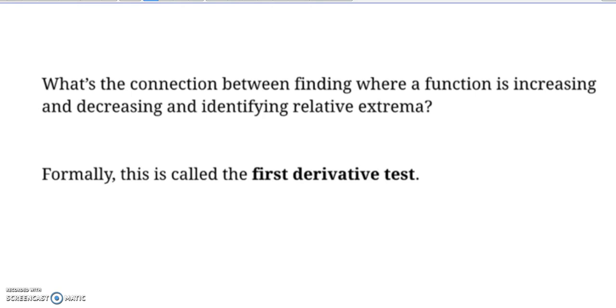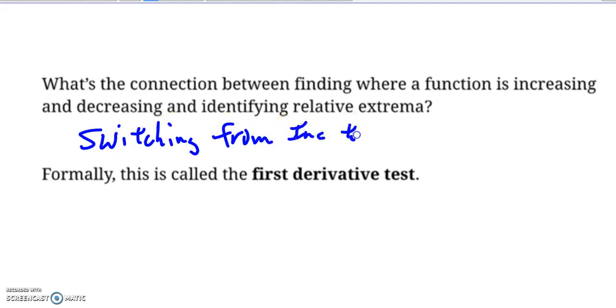Okay, so this is where we are switching from increasing to decreasing and vice versa. So the extrema, the relative extrema, max or min, again, is where it switches from increasing to decreasing or decreasing to increasing on a function. Okay, and again, this is formally known as the derivative test.